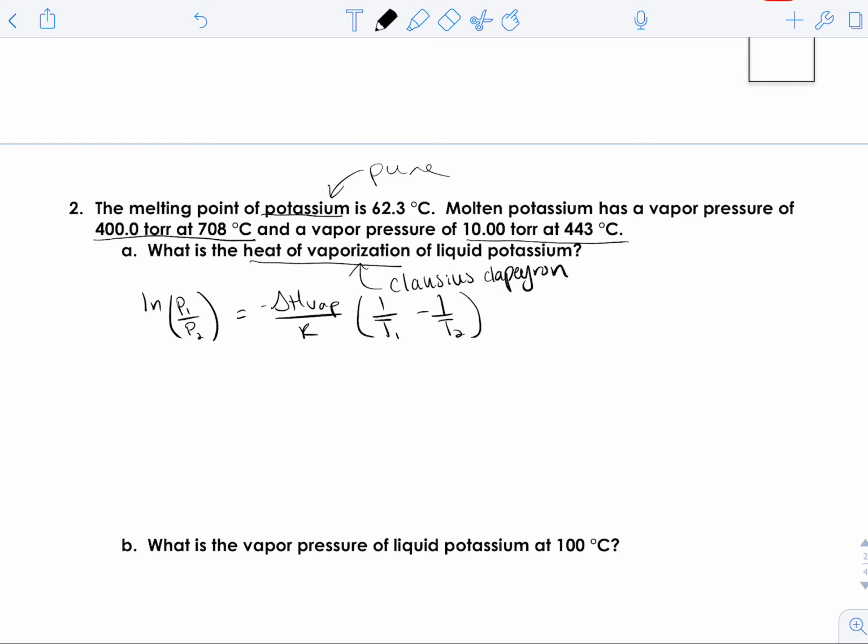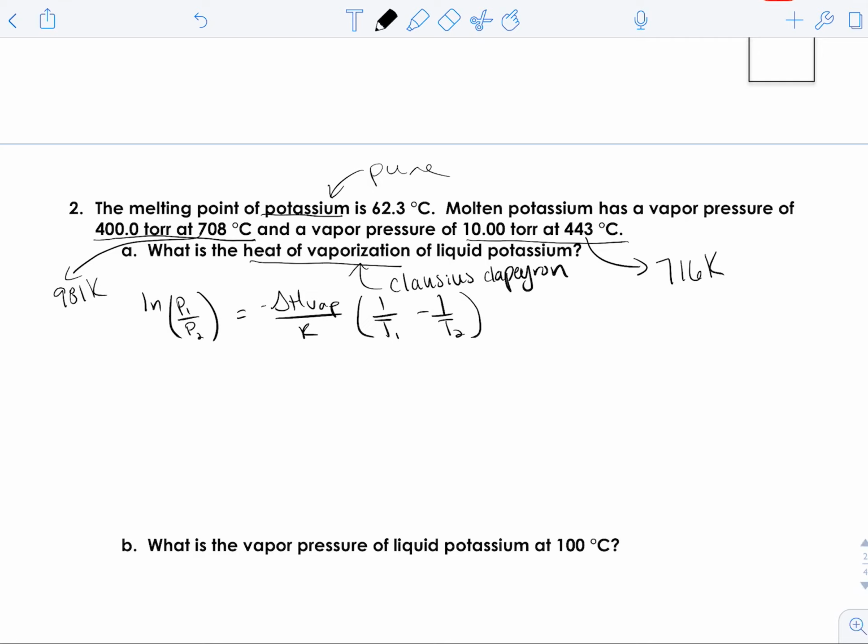Our pressures, it doesn't matter, as long as we keep our pressures in the same unit, we can keep them both in torr. And our R value is 8.314 joules per mole Kelvin. So this 443, if we add 273 to that, gives us 716 Kelvin. This 708, add 273 to it, we get 981 Kelvin.